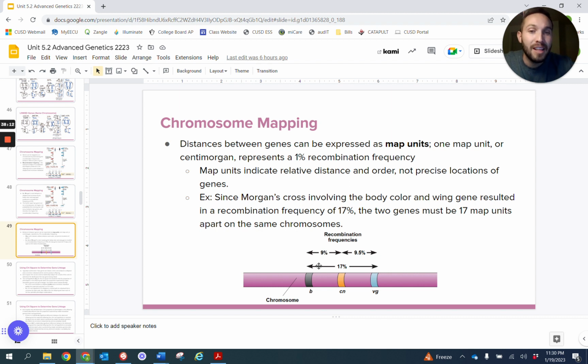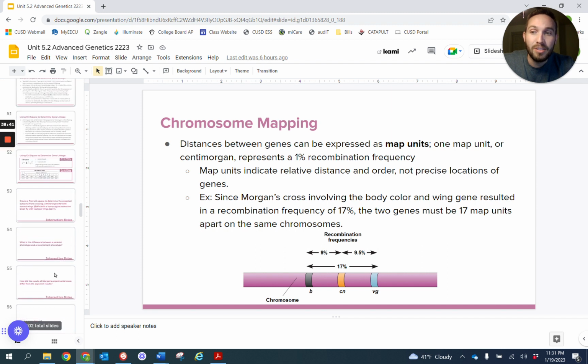And so that means those two genes are 9 map units away from each other, which means they're going to be relatively closer together than the body color gene and the wing type gene, which were 17 map units away from each other. So these guys had a 17% recombination frequency, which puts them at a certain distance away from each other. But when two genes have an even smaller recombination frequency, that tells us that they must be even closer together.